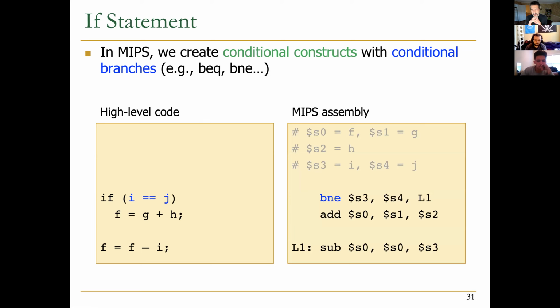This is the corresponding code in MIPS assembly. Again, to remind all of us, in the high-level code we have several different variables: i, j, g, h, and f. We have five different variables.